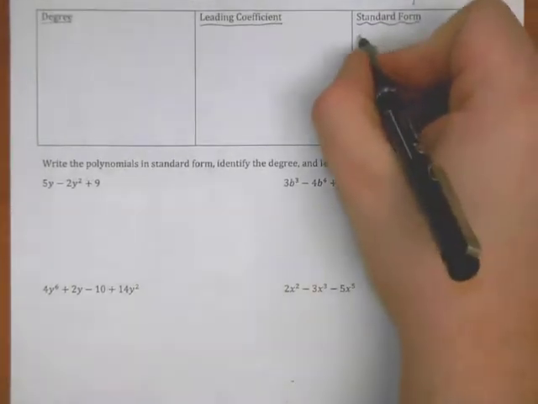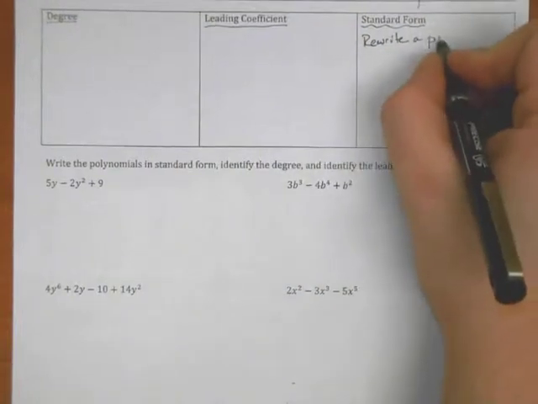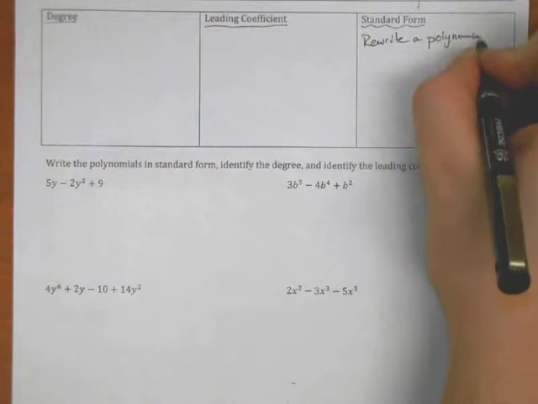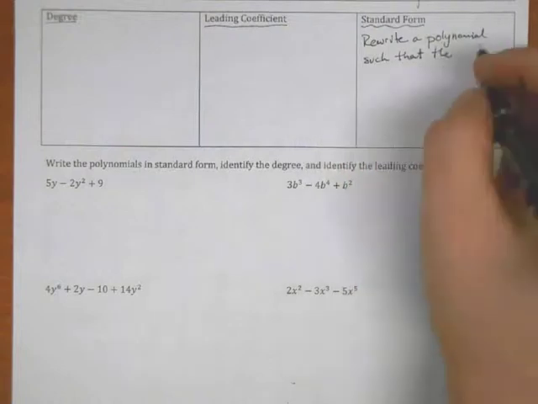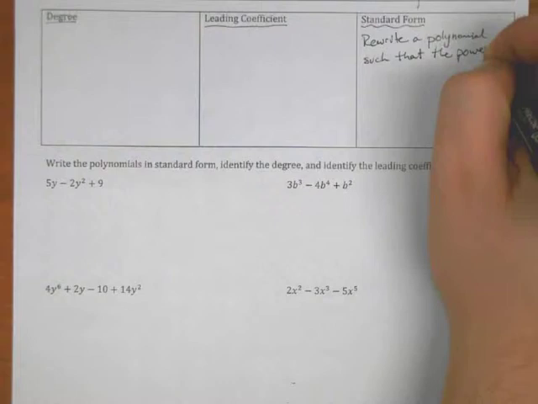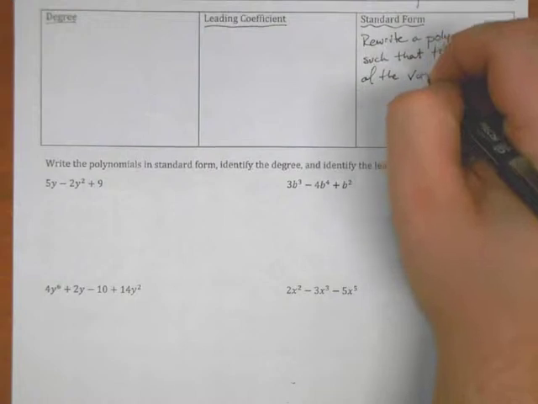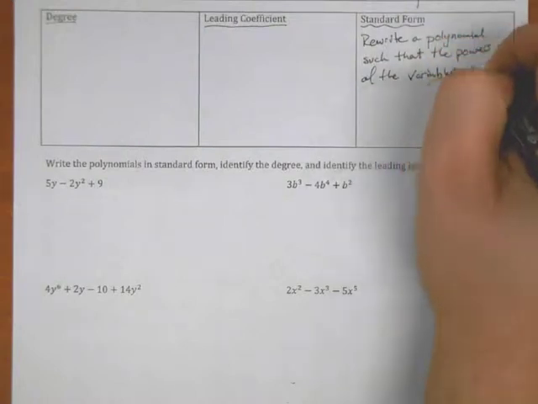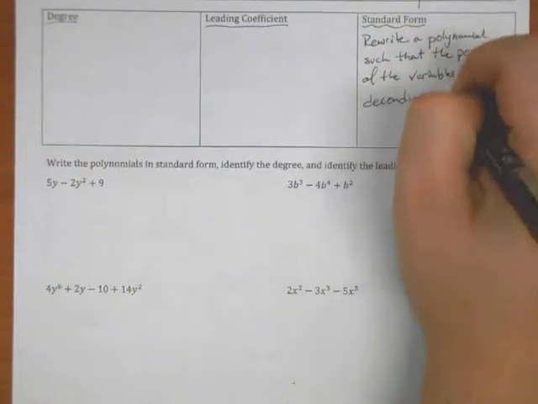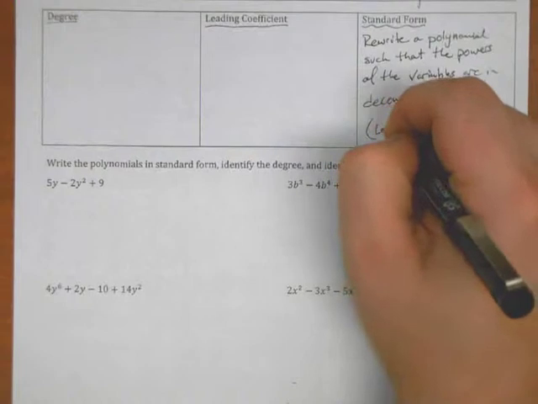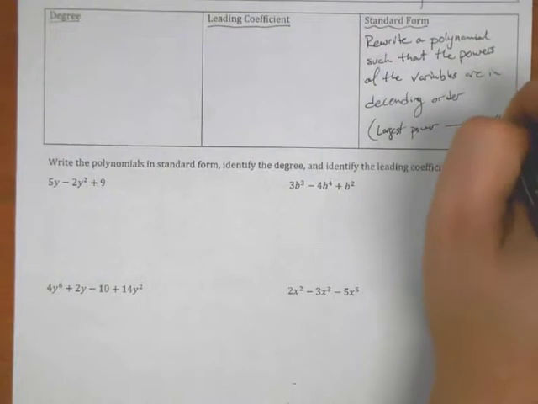Standard form is when we rewrite a polynomial such that the powers of the variables are in descending order. That's largest power to smallest power.